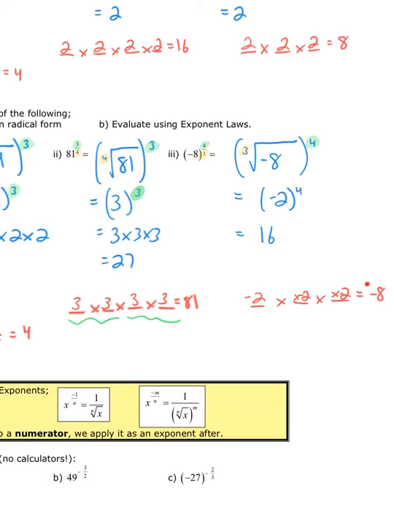To figure that out, we've already done the work here. 3 negative 2's are negative 8, so multiply negative 8 by negative 2, and you get positive 16. And remember, because we have an even exponent on a negative base, we're going to have a positive answer. If we had an odd exponent on a negative base, we would have a negative answer.